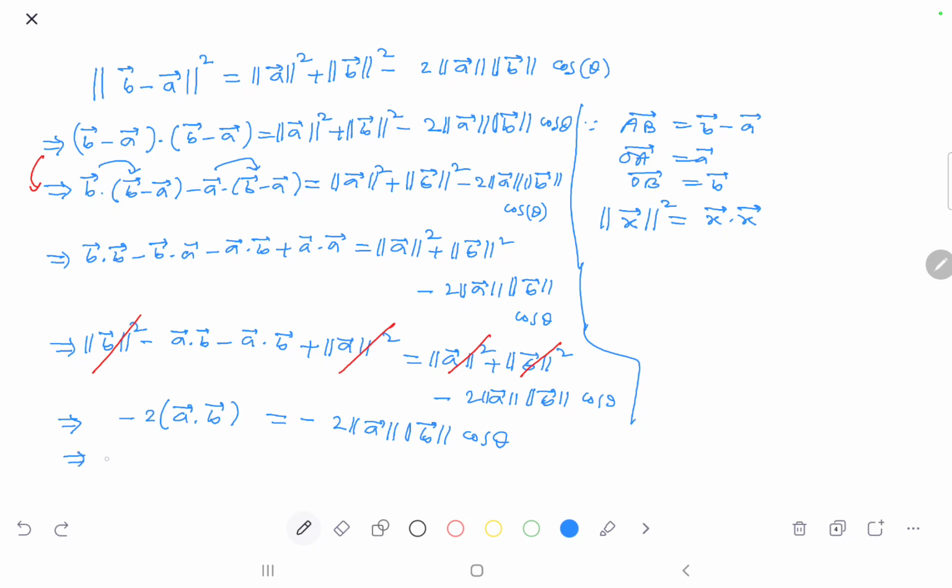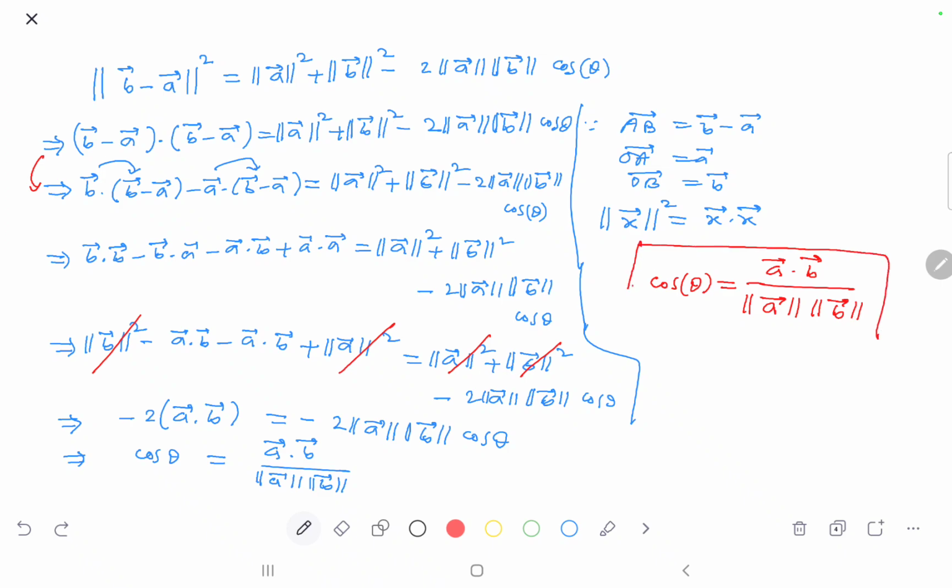Now, if you interchange both sides, cosine theta will be A dot B divided by absolute value of A and absolute value of B. Right? Is that clear? Yes. So what we are getting is that the cosine of the angle is nothing but A dot B divided by the magnitude of A times the magnitude of B. From this, we can calculate the angle between two vectors.